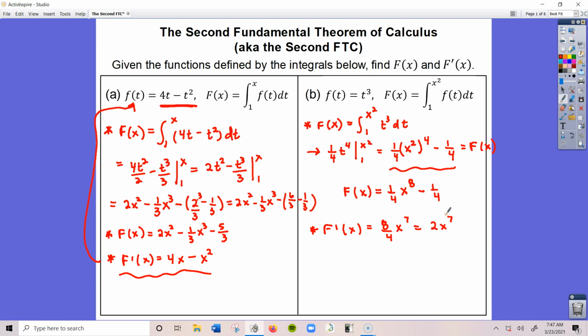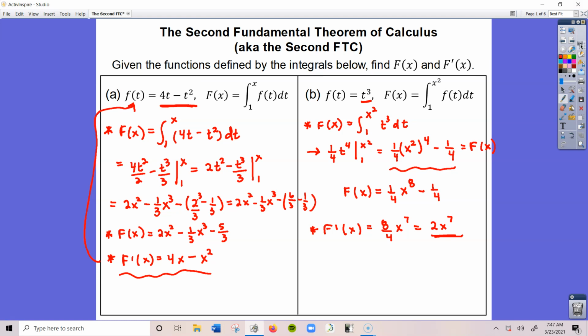Now let's see how this relates to the second fundamental theorem, because this does not look like the original, which we can kind of expect to happen. We expect that when we take the derivative of an integral, we would end up with the original function. But this does not exactly equal it, unlike here where it did.